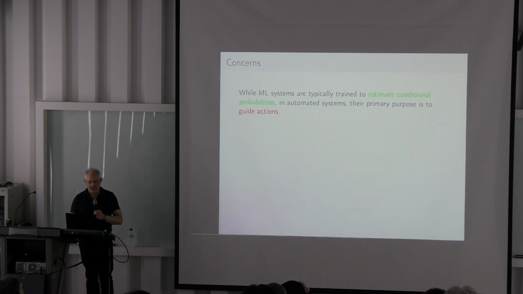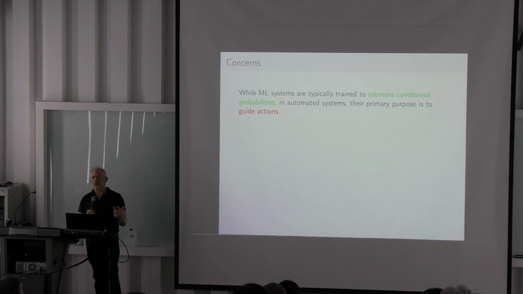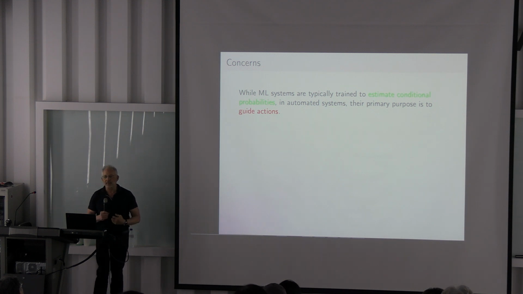The issue is that machine learning systems are typically trained to estimate conditional probabilities. So what the system is optimized towards is being able to predict a label given an instance, to optimize this conditional probability. But we use them in a different way.